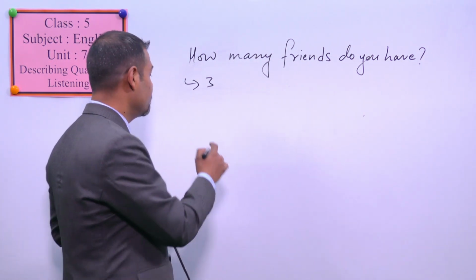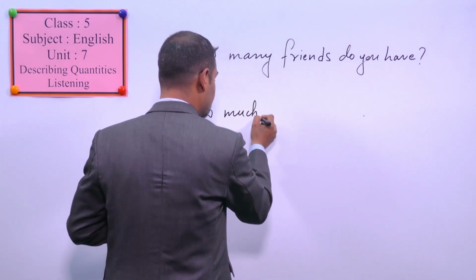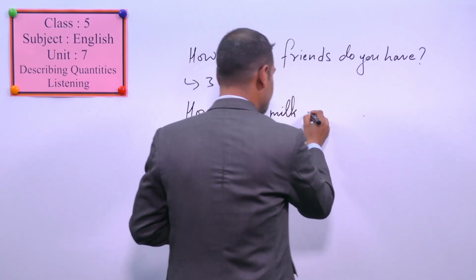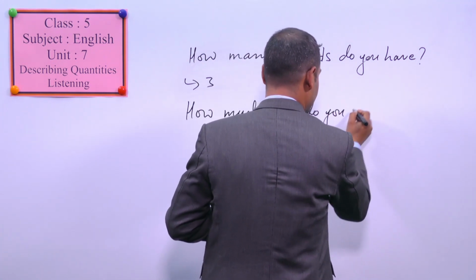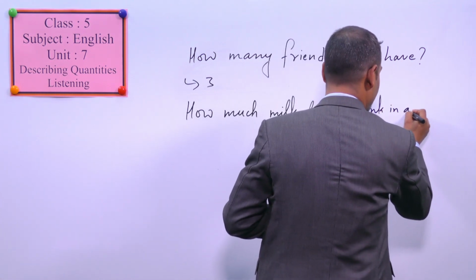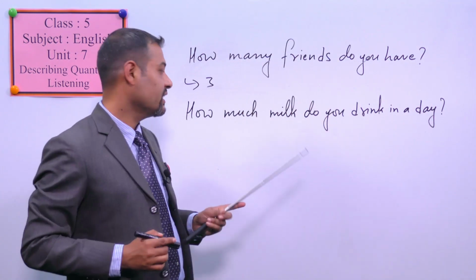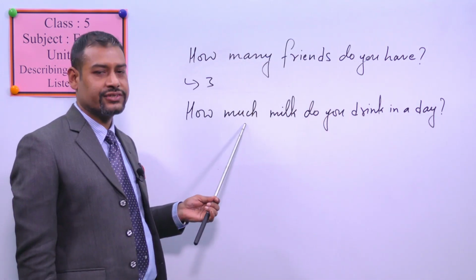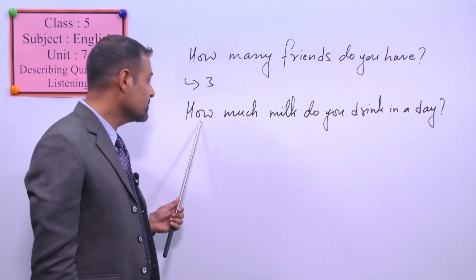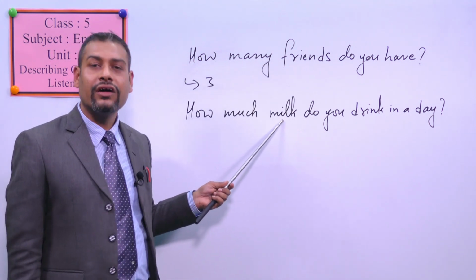So another question. How much milk do you drink in a day? See, I am not using how many here, I am using how much. Why? Because milk is uncountable.